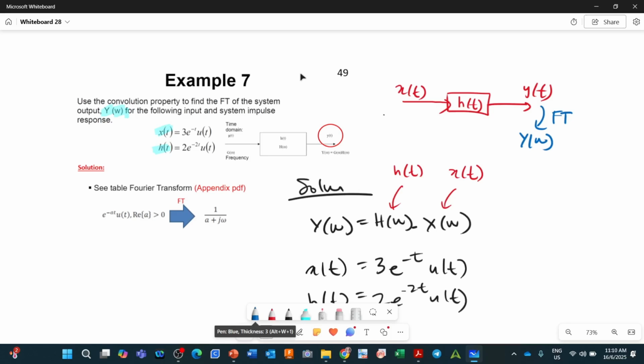Okay, so we are going to continue this example 7. So basically, if we recap again what we did on example 7, you're given x and h.